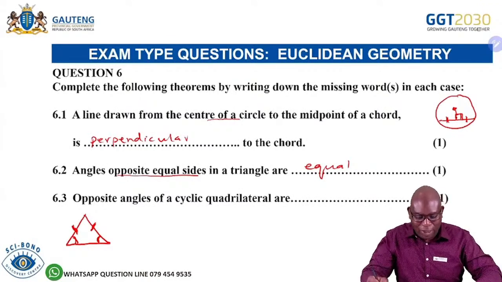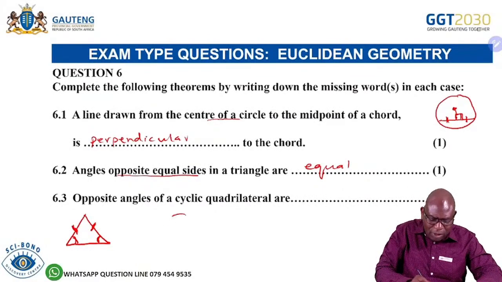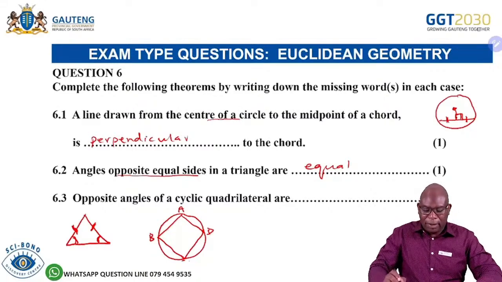And the third one says, opposite angles of a cyclic quad. Oh, what do I know? Cyclic quad. Oh, okay. What is a cyclic quad? A quad with all 4 points on the circumference of the circle. And, oh, by the way, I've seen this before also.